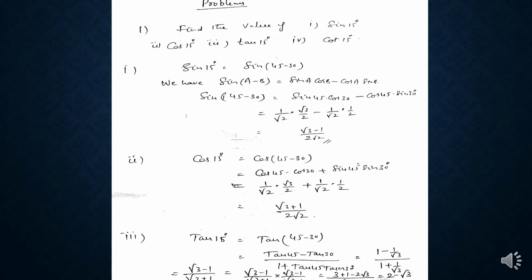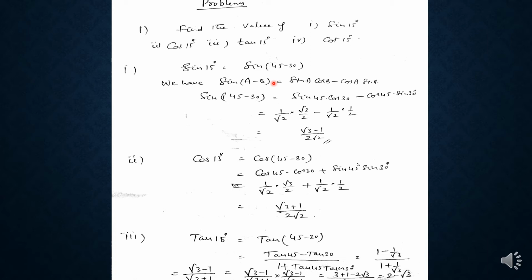Find the value of sin 15 degrees or cos 15 degrees, tan 15 degrees, cot 15 degrees. So in the 10th class we studied some trigonometric ratios of 0 degrees, 30 degrees, 45 degrees, 60 degrees, 90 degrees.